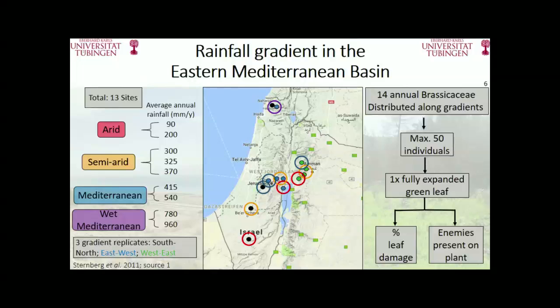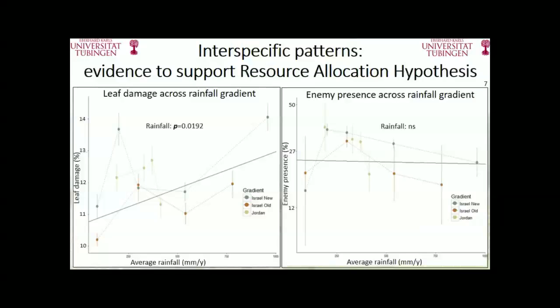For the study, I selected a maximum of 50 individuals per species per site, and from these individuals I then selected randomly 1 fully expanded green leaf to perform the observation on. I then estimated leaf damage as a percentage of total leaf area and also observed the presence or absence of insect enemies on the plant.